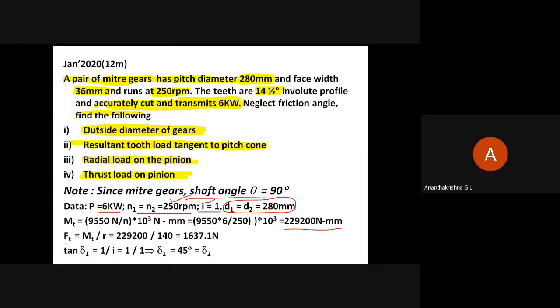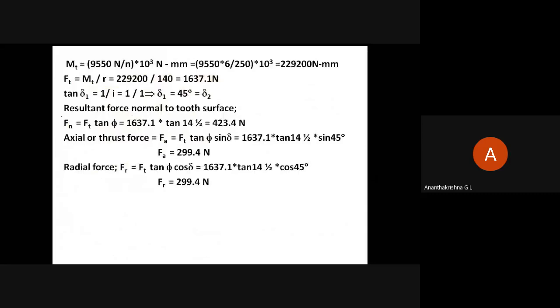Once you know the torque, I can find the tangential tooth load, and then tan delta 1 and in turn delta 2. Since it is 1:1, we get delta 1 equal to delta 2 as 45 degrees only, and then find the resultant normal force, that is, the axial thrust and radial force from the equations that we have taken yesterday.